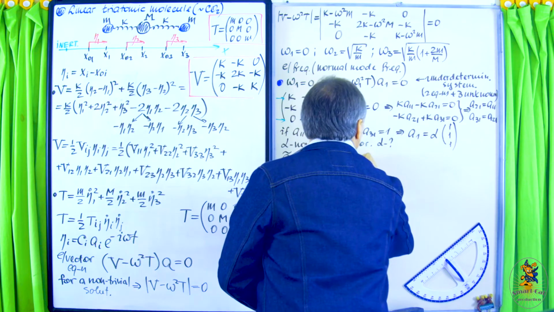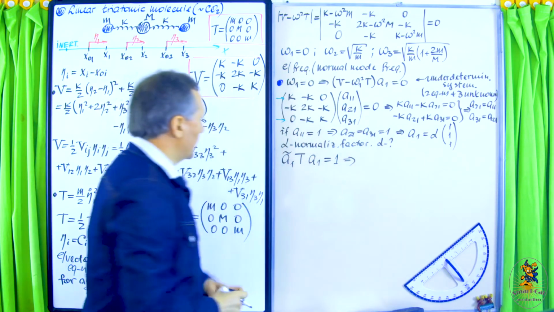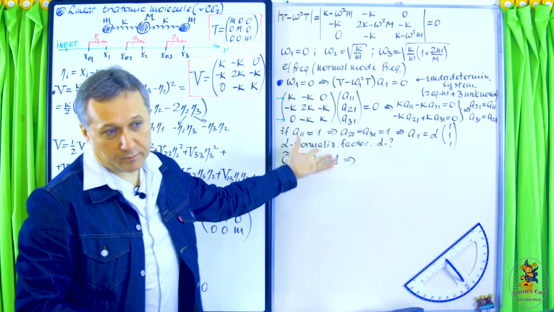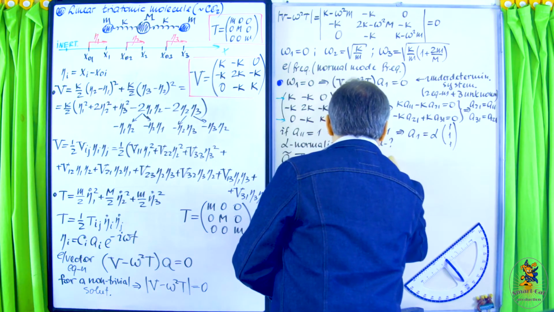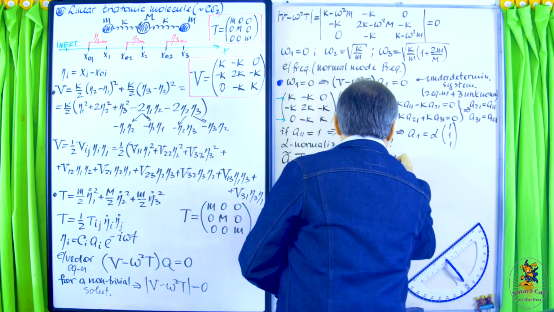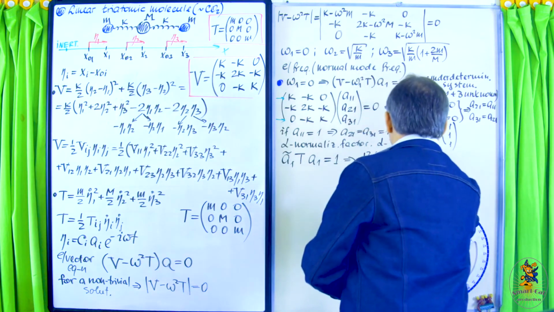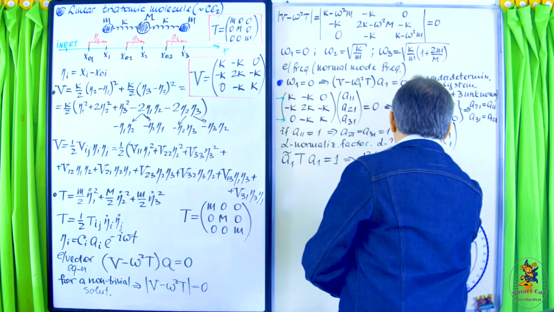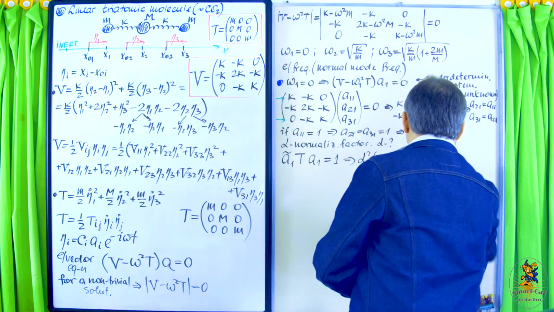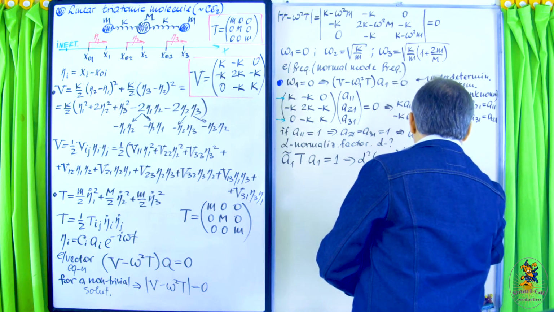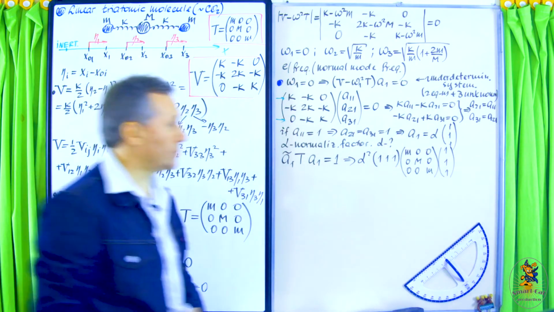So the row alpha, alpha, alpha, then the kinetic energy matrix with M capital, 0, 0, 0, M small, 0, 0, 0, M small, and then the column 1, 1, 1. And it must be equal to 1.